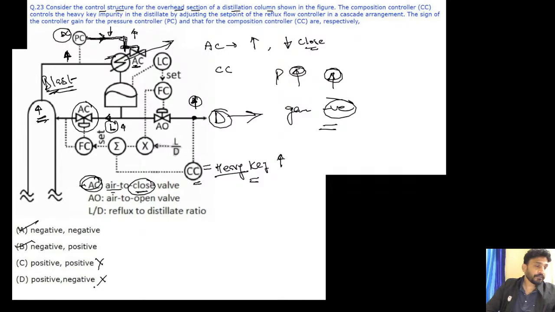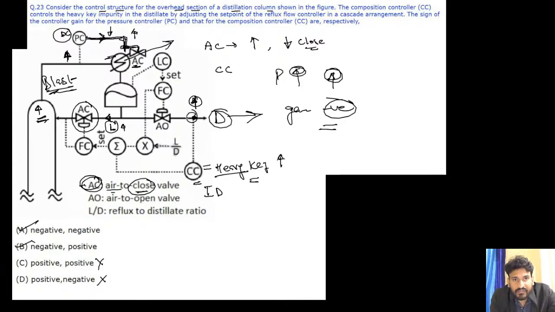Now come to the CC. If heavy impurity increases, that is a bad situation for us. So we should increase the set point of the reflux. Yes or no? Let's suppose CC is my indirect acting.